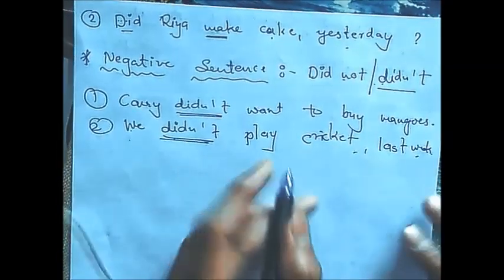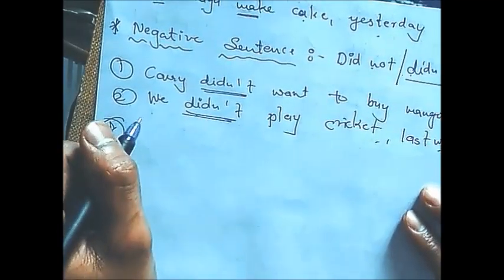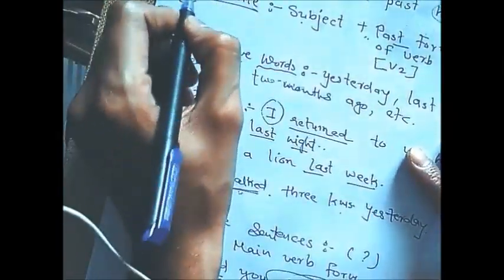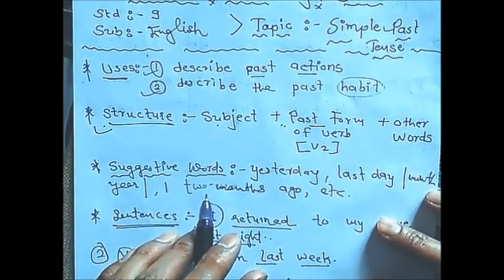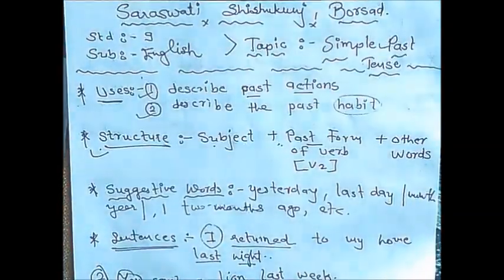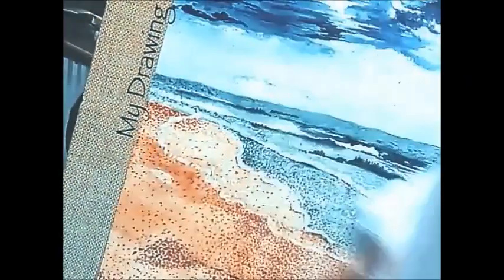Now one thing that you have to keep in mind is that sometimes we don't need this structure at all. Why? I am going to explain why we don't need any verb in some sentences. Let us talk about that.